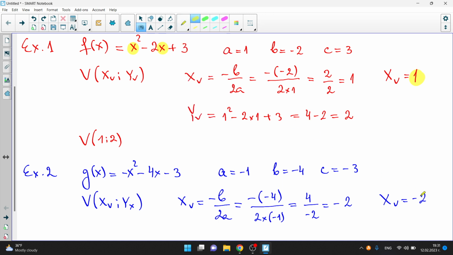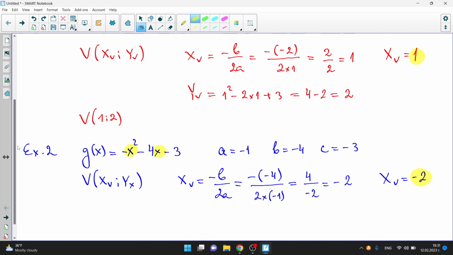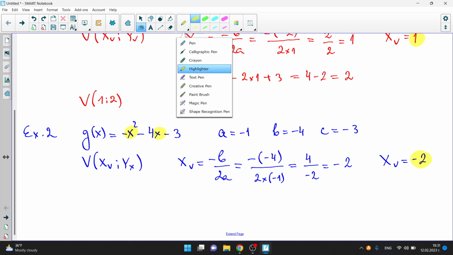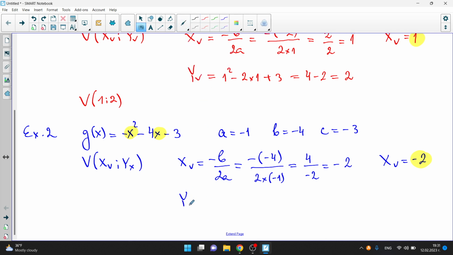Now again we will replace here and here. yv is minus 2 squared minus 4 times minus 2 minus 3, and it is minus 4 plus 8 minus 3, and this is 1.